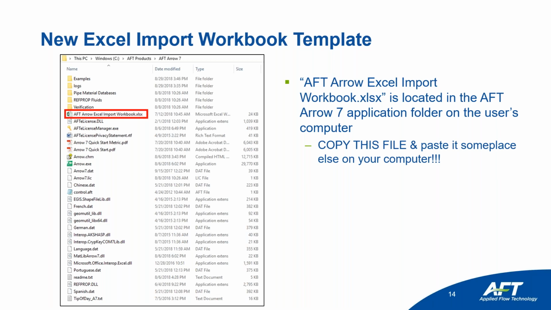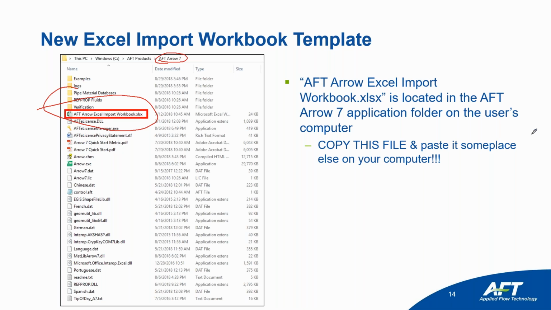Don't ever open that file from that location, because the problem is if you change it in this folder, then you change it for good. And if you want to have the blank file that we gave again, then you're going to have to uninstall Arrow, delete the Arrow 7 folder, and then completely reinstall everything. So you don't want to do that. Just copy it and paste it somewhere else.